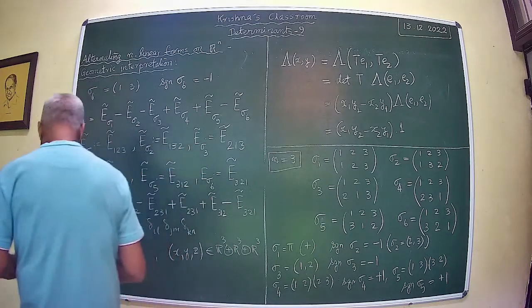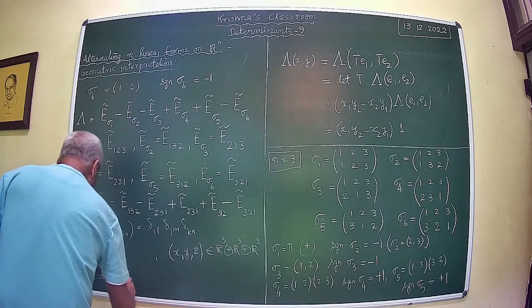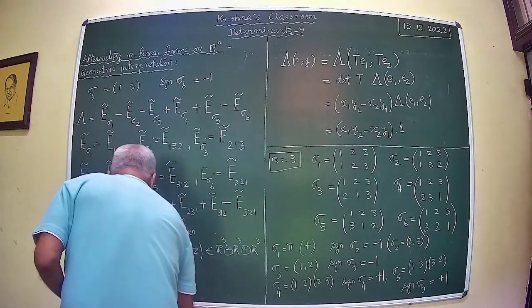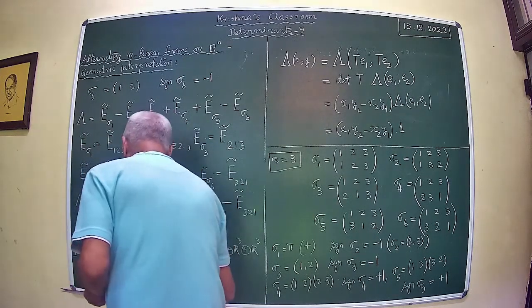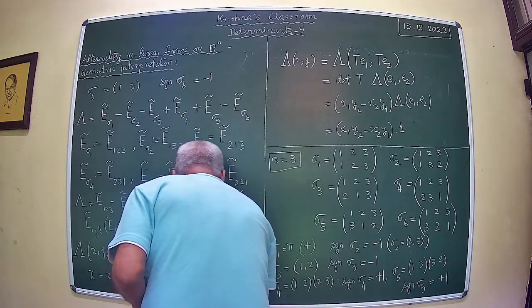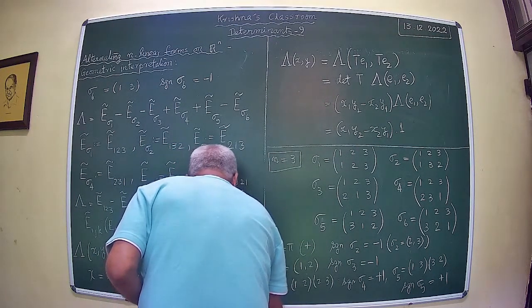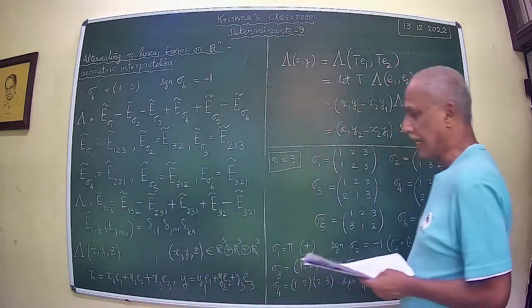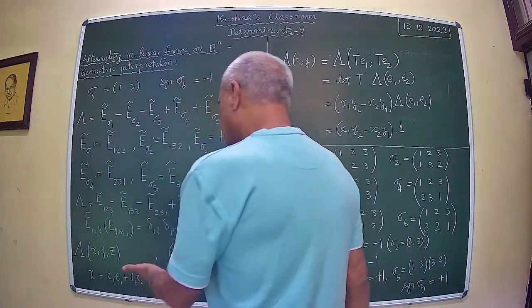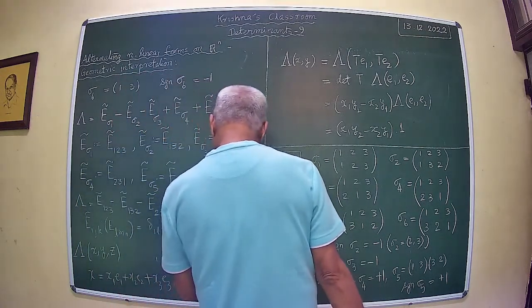Let X be uniquely determined as x1 e1 plus x2 e2 plus x3 e3. Y is written uniquely as y1 e1 plus y2 e2 plus y3 e3, because you can find scalars. So with respect to the coordinate system e1, e2, e3, X is represented by x1, x2, x3, and Y is represented by y1, y2, y3.